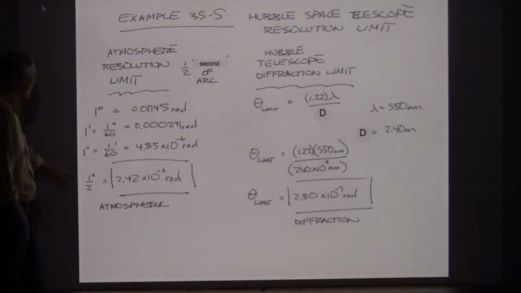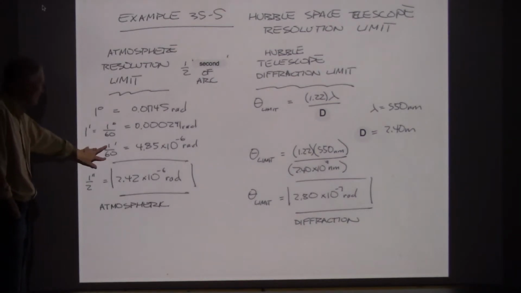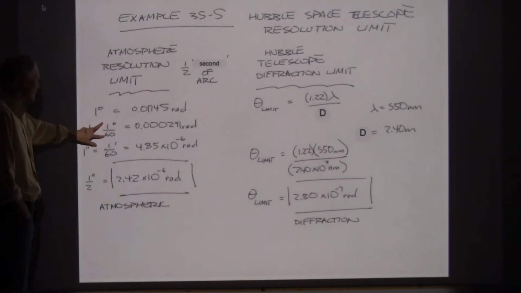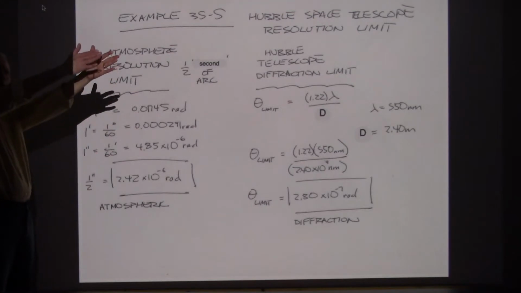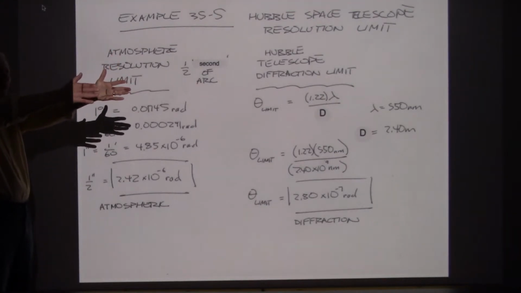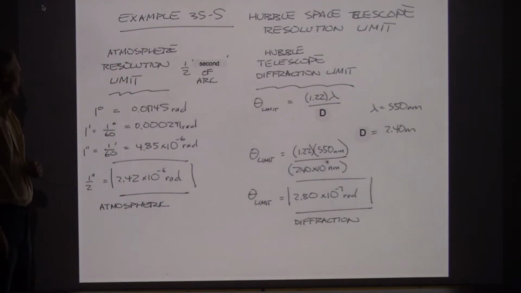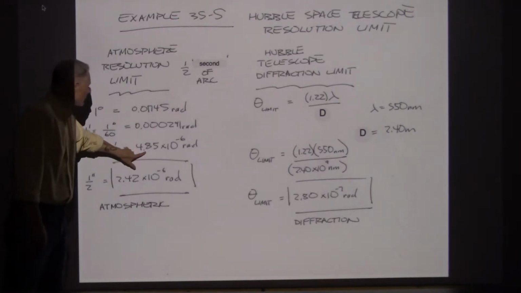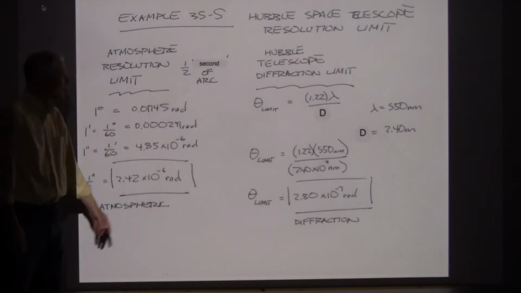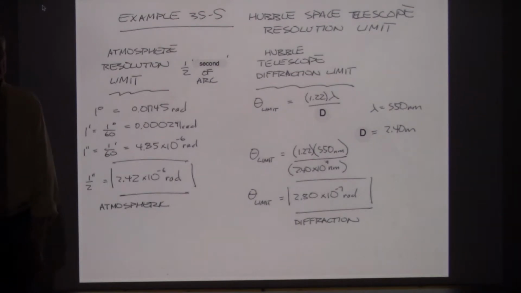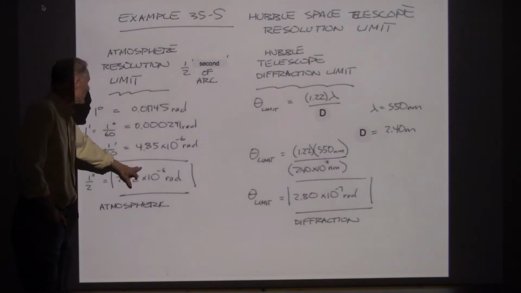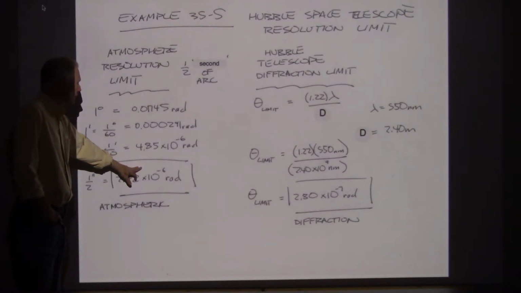That's 0.000291 radians. 1 second of arc is 1/60th of a minute, which is 1/3600th of a degree, that is 4.85 times 10 to the minus 6 radians. So that resolution is better. So the limit of resolution from diffraction with the Hubble Space Telescope is less of an issue than atmospheric resolution limits.